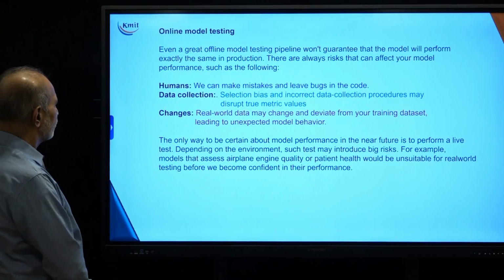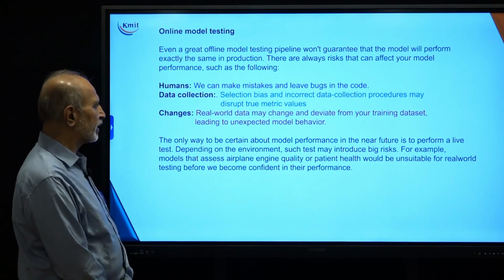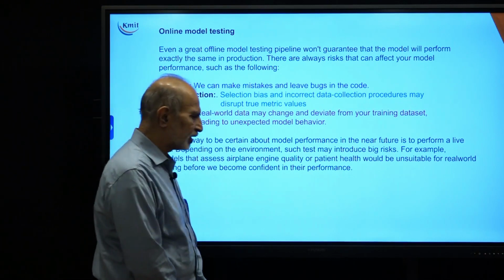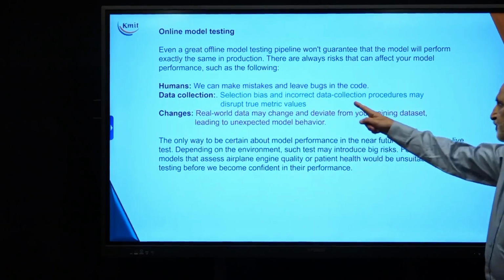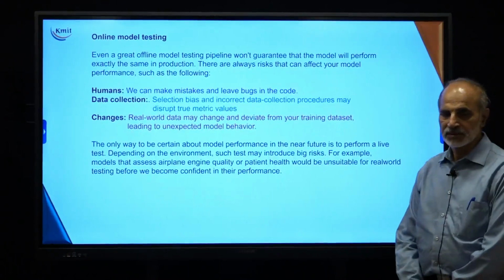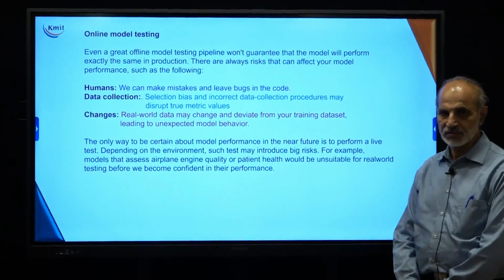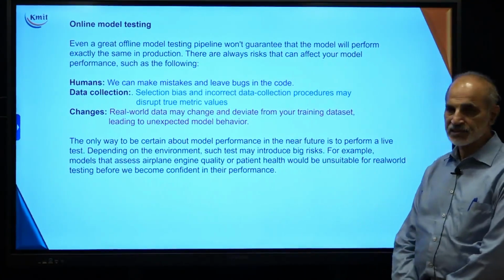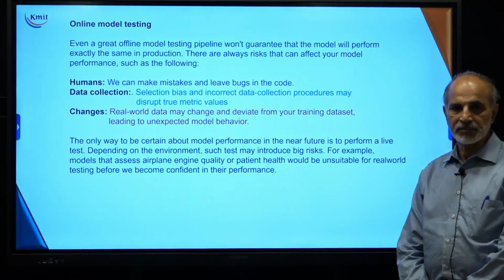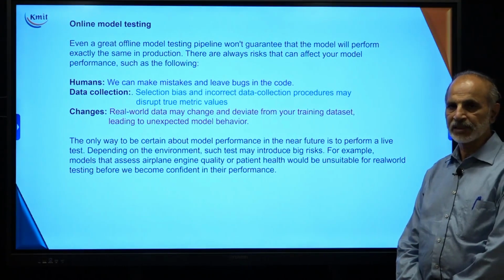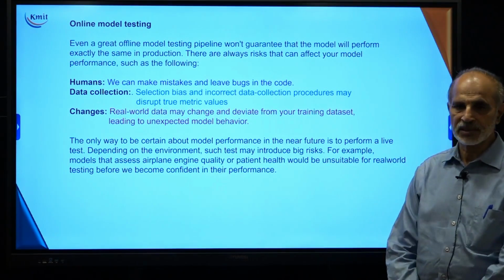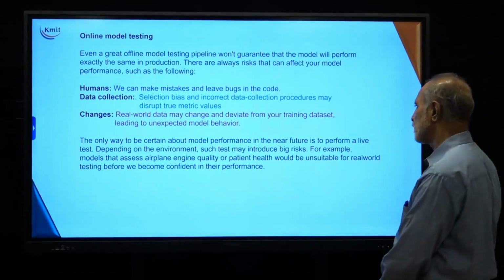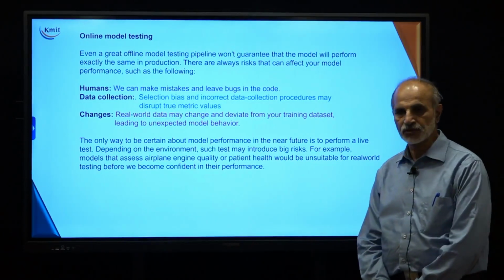Coming to the second problem, we have data collection, that is, selection bias and incorrect data collection procedure may disrupt the true metric value. So here I am saying selection bias: what is your selection of the test data and training data, and an incorrect data collection procedure. You have not been able to get the data smoothly, or the data collection method was wrong, and sometimes instead of entering 22.22 you have entered 222.22.